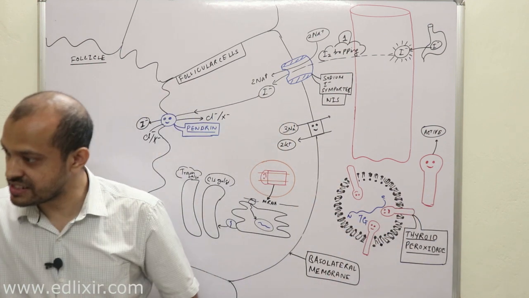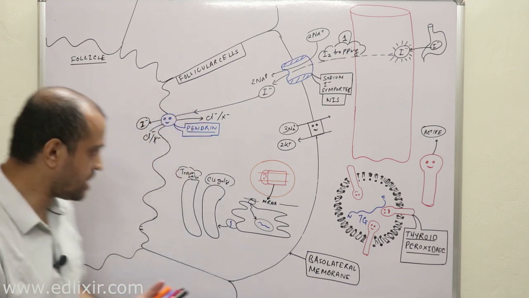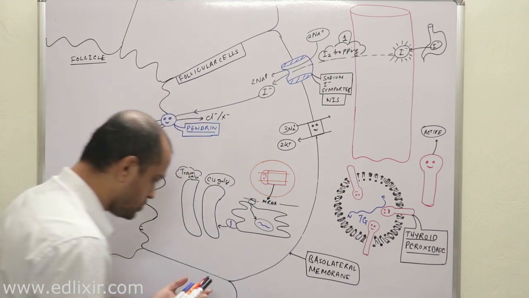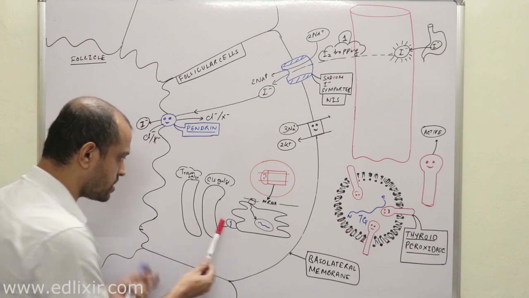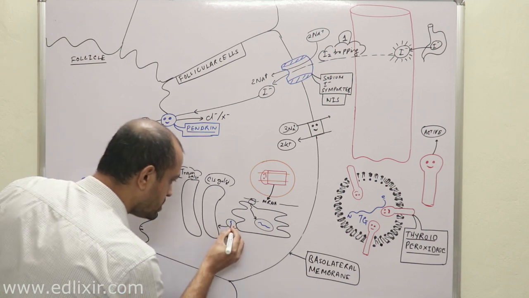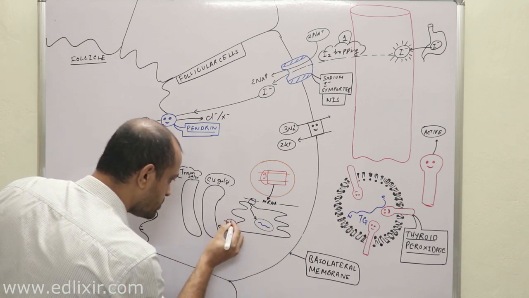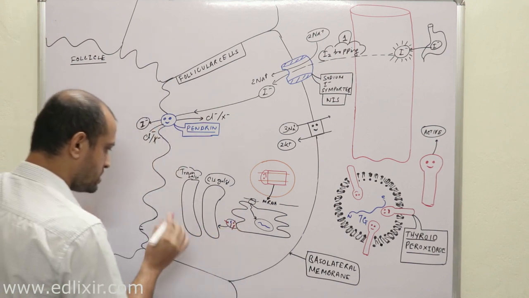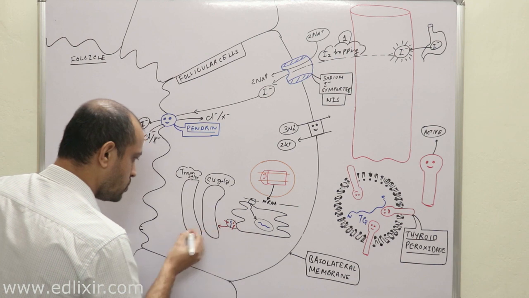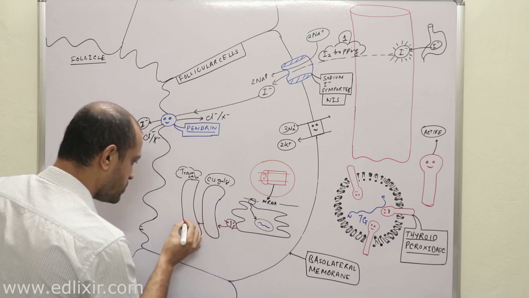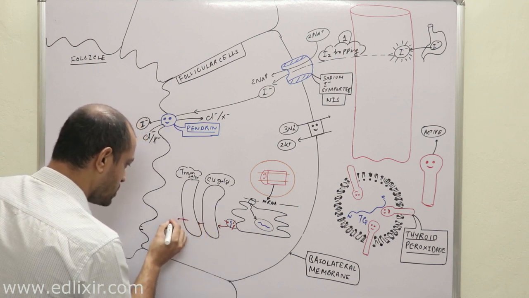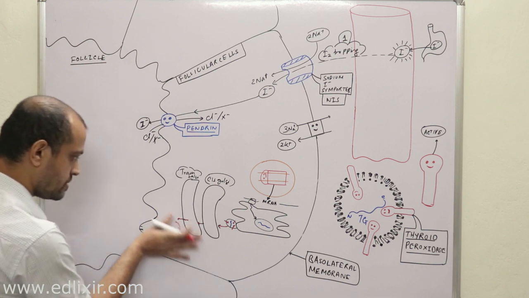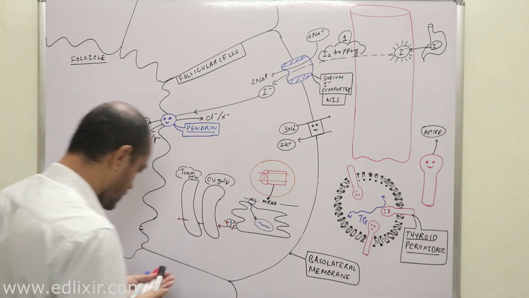Clear? Within the vesicle itself. Now what happens is this: suppose this is a thyroglobulin molecule, and these are thyroid peroxidase molecules, right? So what happens is this, when this protein comes here.